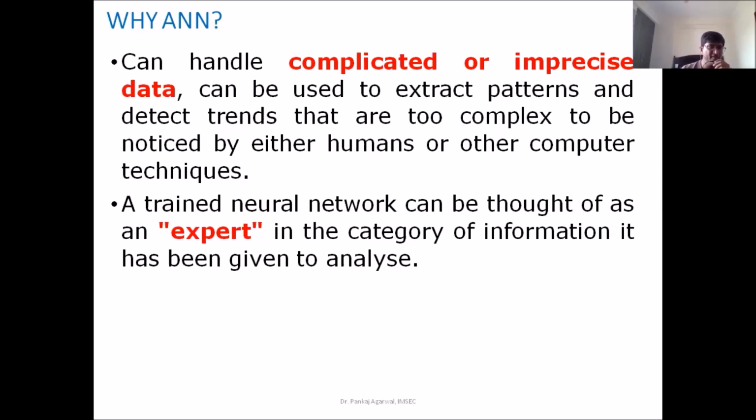We can train the networks and make them remember huge information, so they can act as an expert in a particular domain, whereas human beings have their own problems with the amount of memory we can process and take care of.